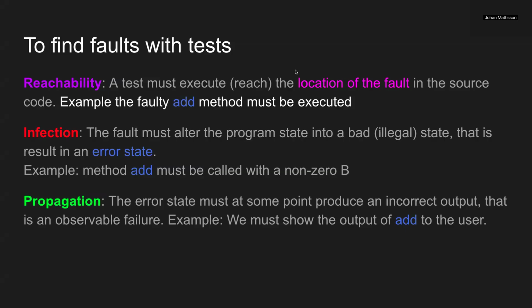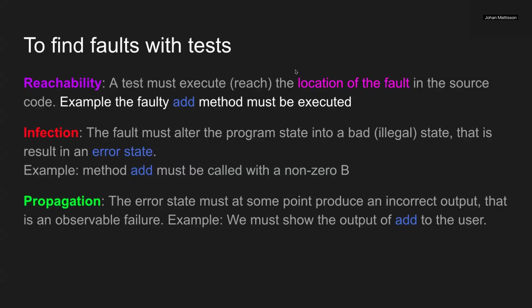And then we need to alter the program state into a bad, illegal state that results in an error state, basically. So we put some input like 3 and 4, and we get -1. It's kind of unexpected. But we need to call it with a non-zero b, because if we call it with a 0 b, all of a sudden it seems to be working, right?